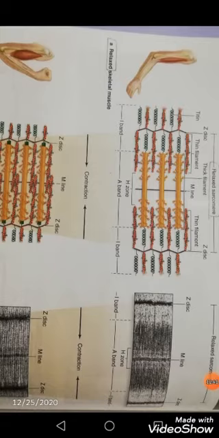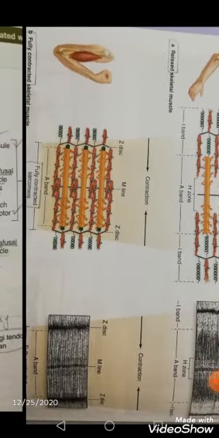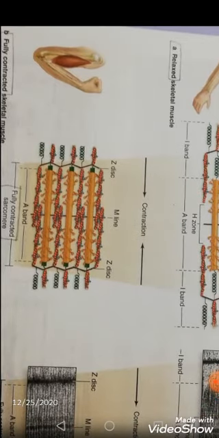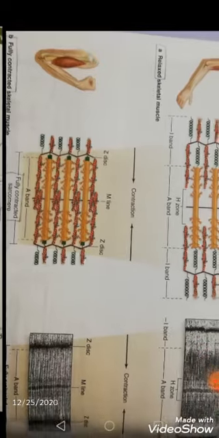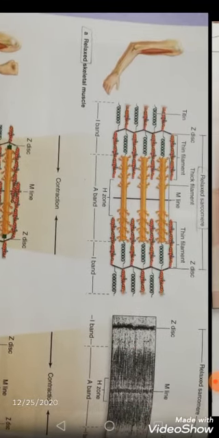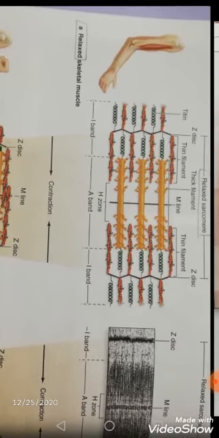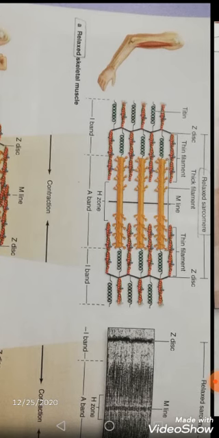You can see two pictures. The above picture shows the muscle in its relaxed state, and the picture below shows a contracted skeletal muscle. In the relaxed state, the thick and thin filaments do not completely overlap each other.